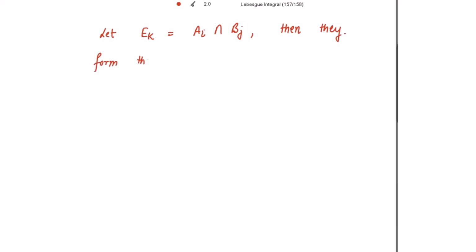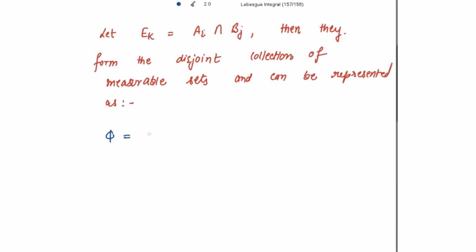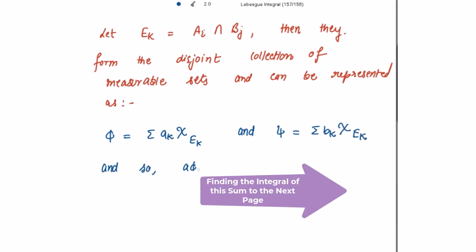They form a disjoint collection of measurable sets, and phi can be represented as the summation of a_k multiplied with chi E_k, and xi as the summation of b_k multiplied with chi E_k, and so a phi plus b xi.